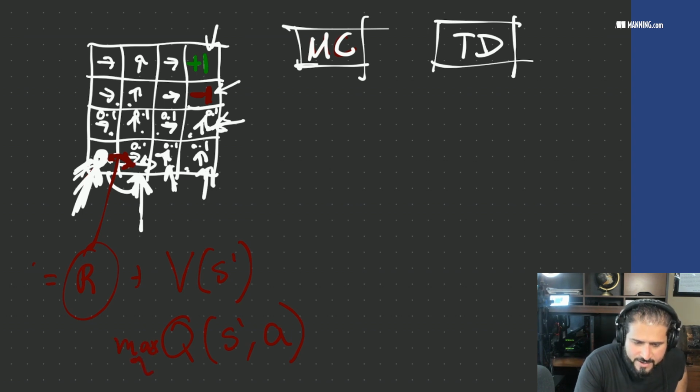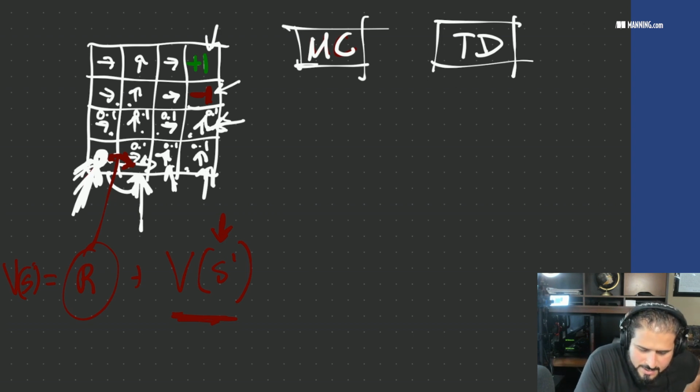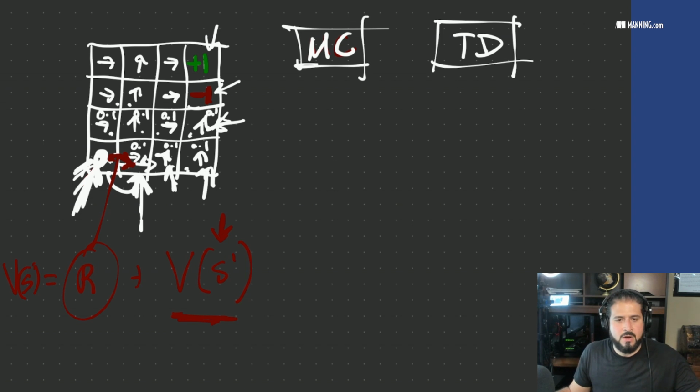But to simplify it, let me just say it like that. What I'm saying is you use the value of a next state to calculate the value of the current state. Now, this is not an equation because I need, obviously, the whole target, right? But that's what we're doing there, okay? And so that's the difference between Monte Carlo and TD.